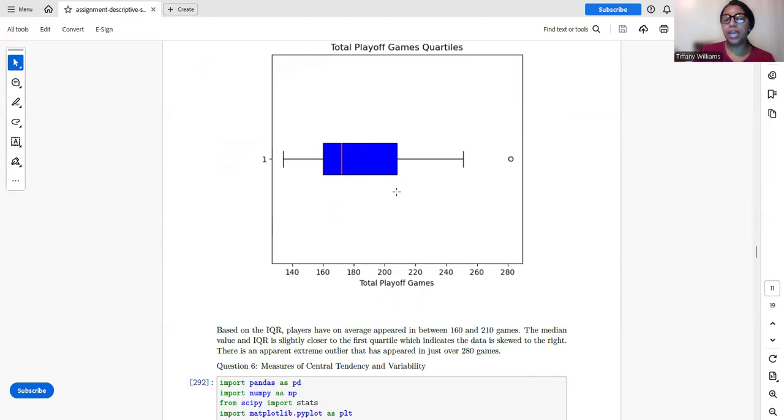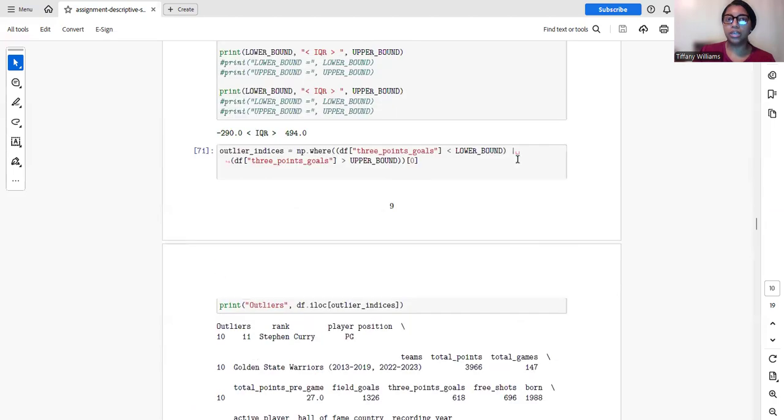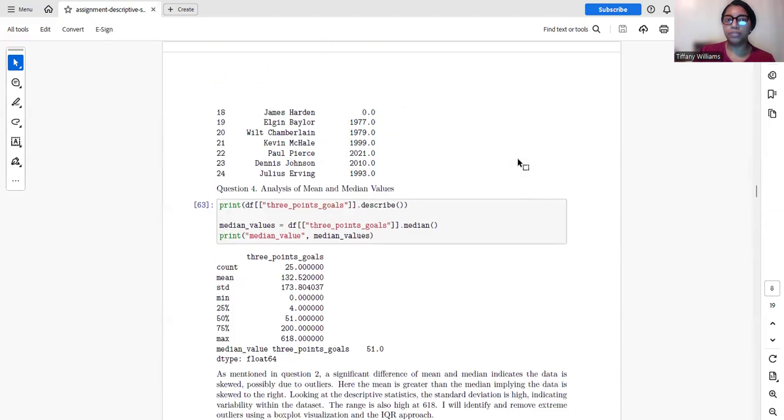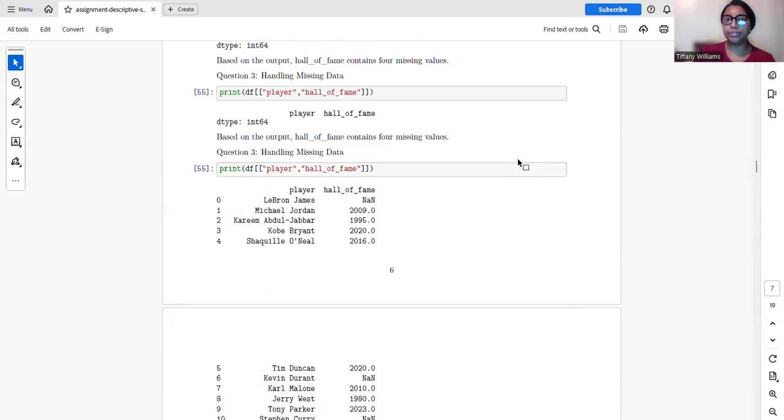The median value of the IQR is slightly closer to the first quartile, which indicates the data is skewed on the right side, and there is an apparent extreme outlier here with someone playing in over 280 games. I'm pretty sure that's LeBron James, and we can actually go up here and verify that as well.